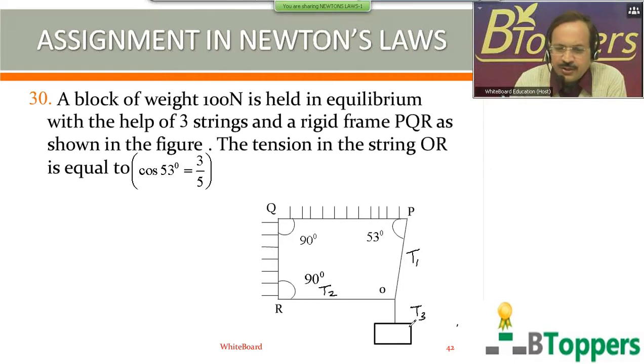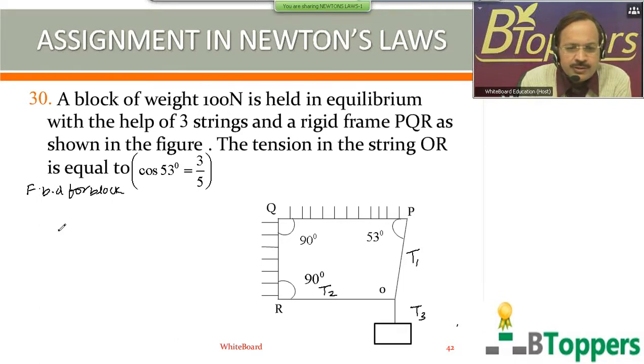I draw, first consider the forces acting on the block. If you draw the free body diagram for the block, two forces act on the block here. One is its weight mg, which acts vertically downwards. That is the gravitational force on the block.